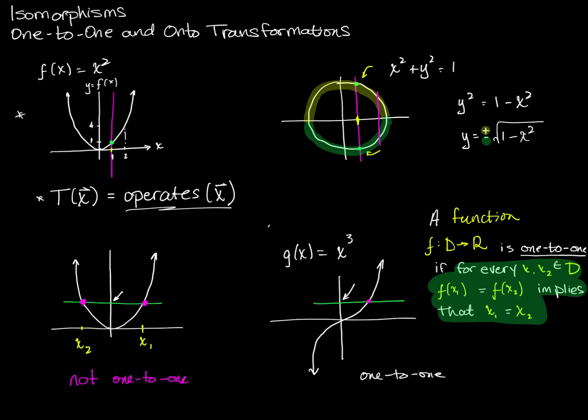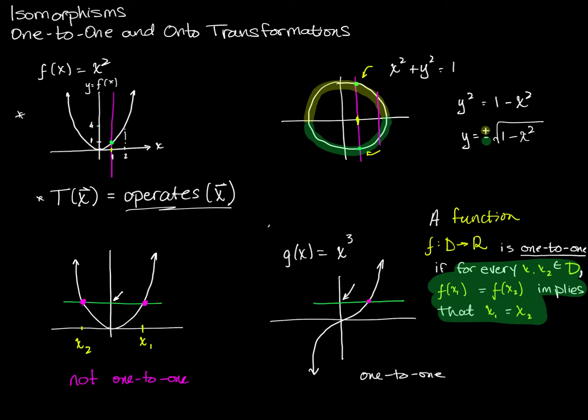Instead of for every, I could say for any two, or for anything that belongs, for every x1 and x2 that I pull from the domain, or that I might choose from the domain, for any possible two input values, the statement, there needs to be a comma here actually, it really does make a difference. The statement f of x1 equals f of x2 means, or must conclude, that x1 and x2 are the same. In other words, if the outputs are the same, then the inputs are the same.